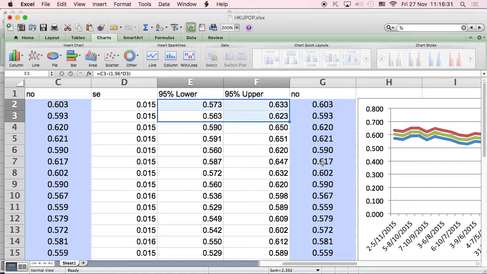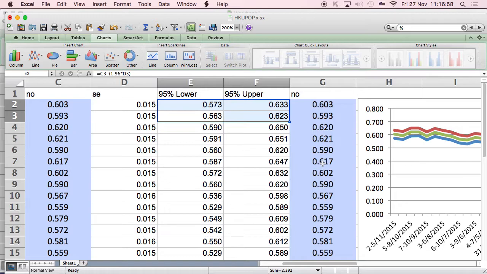As you can see, there is some overlap here, right? So if there is overlap, we cannot say this one is a significant increase or decrease. What is actually a significant change is that two successive confidence intervals didn't cross each other.